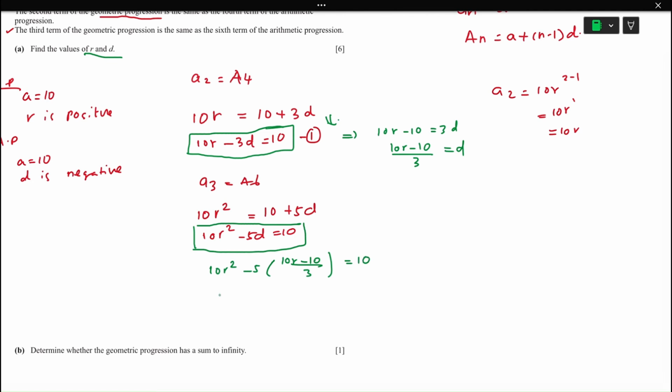Now I'll expand: 10r square minus 50r plus 50, over 3, equal to 10.